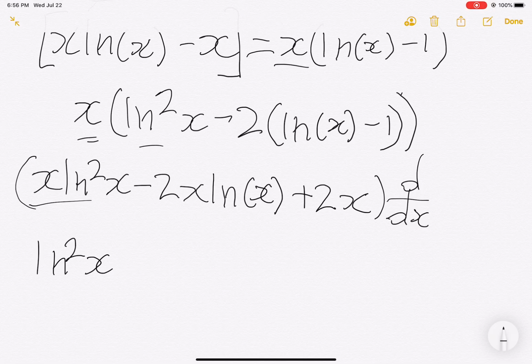So then we take the derivative of that, plus 1 over x, plus 2 ln of x, and then times 1 over x times x. This cancels, and then we take the derivative of this, and we take the derivative of this.